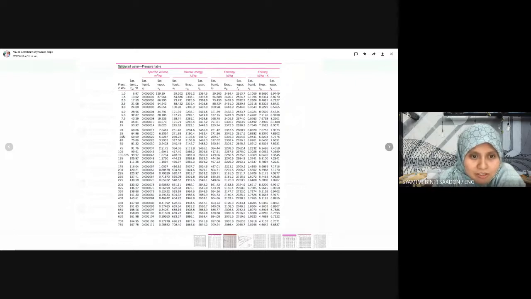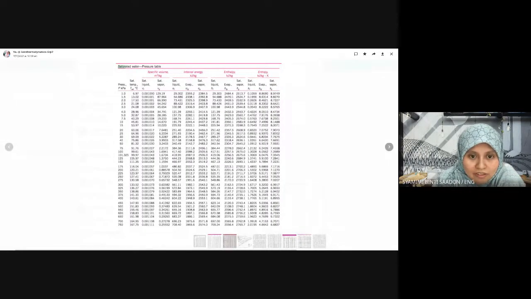Pressure given is 15 kilopascal. So we take hf at 15 kilopascal, saturated liquid, which is 225.94. And the enthalpy of the evaporation process, hfg, is 2372.3.